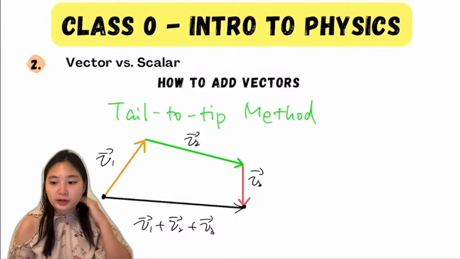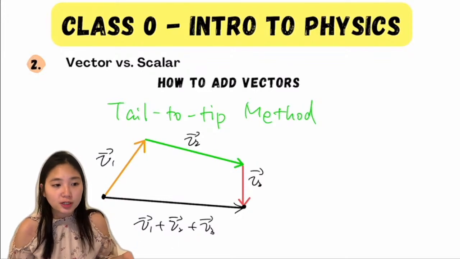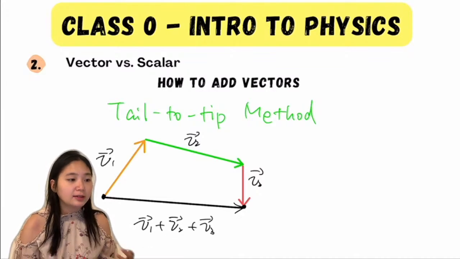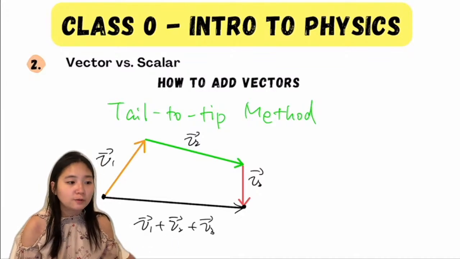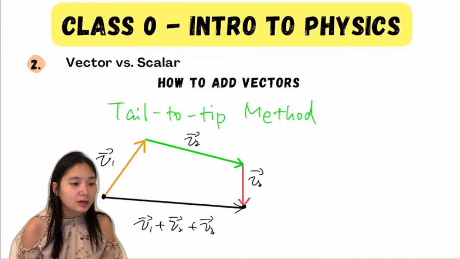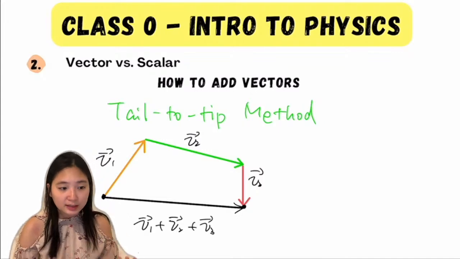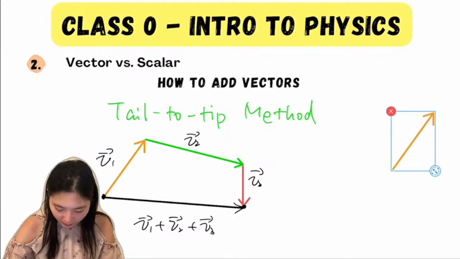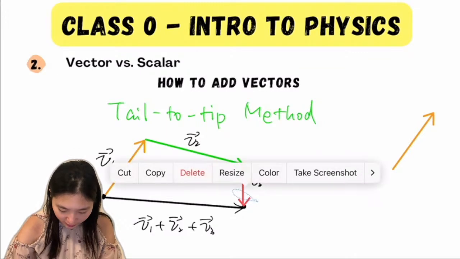Again, does the order matter? The order doesn't matter. You can do vector 3 plus vector 2 plus vector 1, and you will still get exactly the same result. Or you can do vector 1 plus vector 3 plus vector 2, and again you will get exactly the same result. Let me try to represent it. This is vector 1, and this is vector 3.